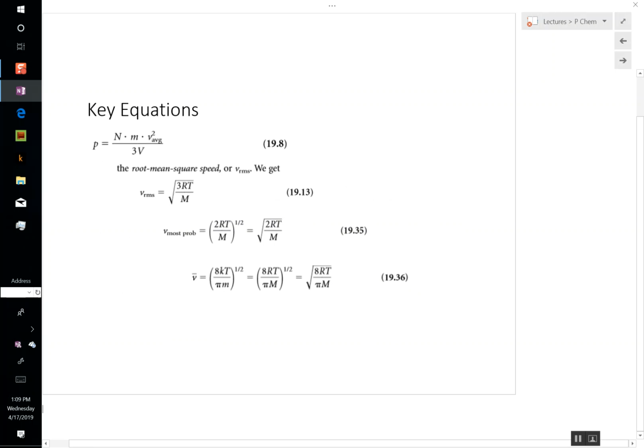And these are some of the key equations. We're going to focus on this one for about 10 minutes. But here are these three speeds. And you can see there's a chemical relationship, and they're derived in this chapter. You can see we jump from equation 13 up to equation 35 and 36.